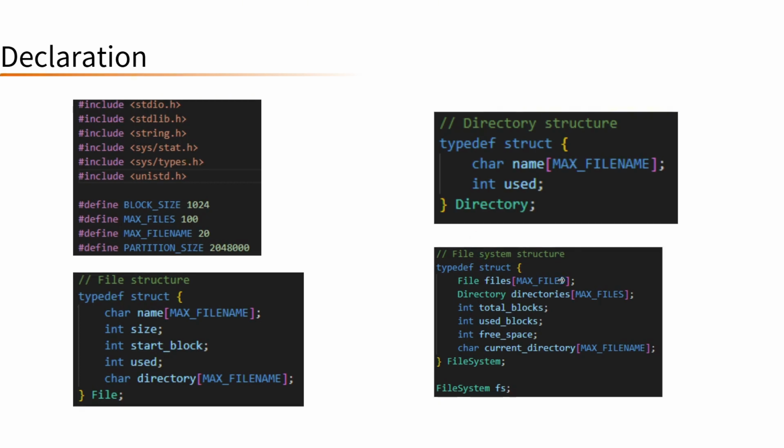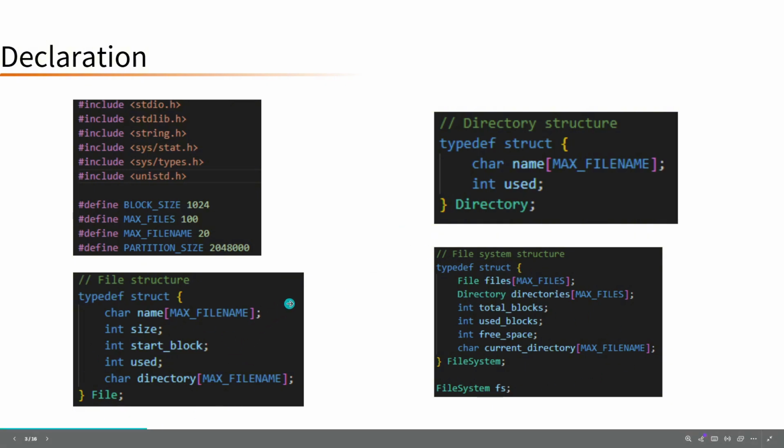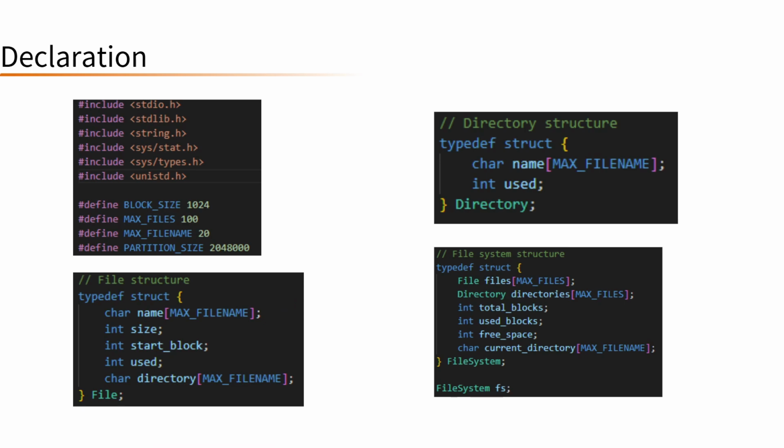We define three main structures to support the file system: file, directory, and file system. File structure: this structure represents the basic information of a file, with each file corresponding to one file structure instance.